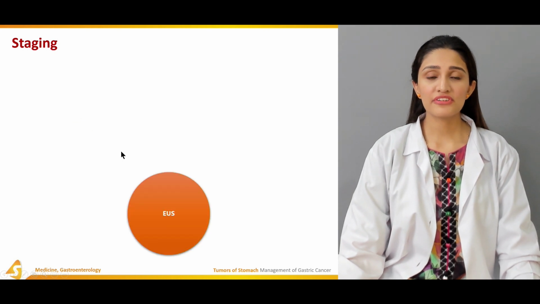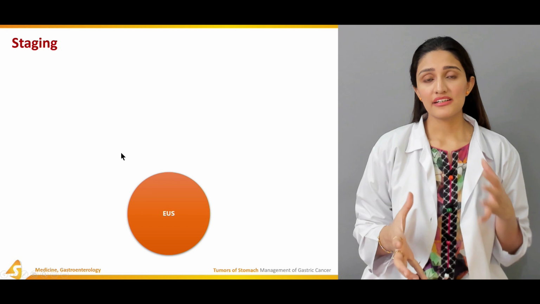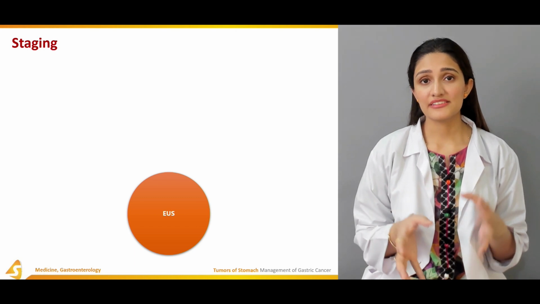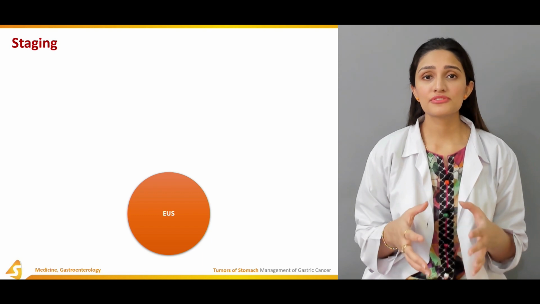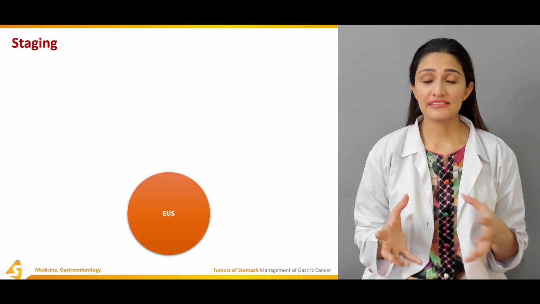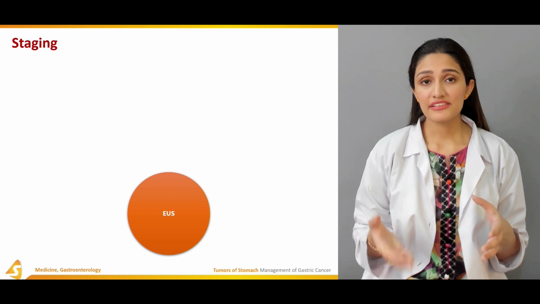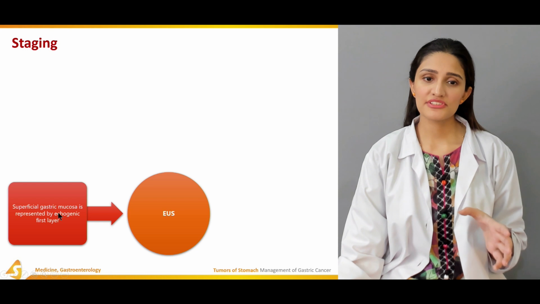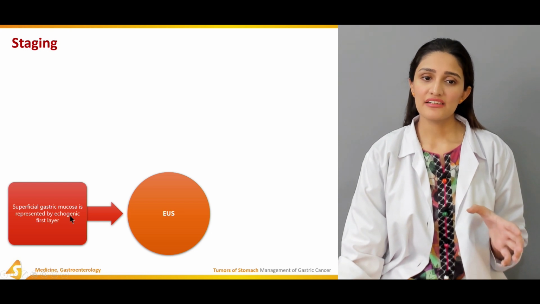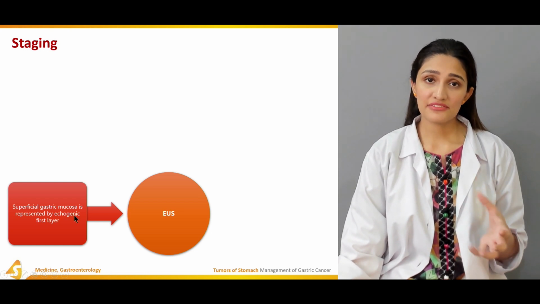So if we talk about another type of endoscopy, which is known as the endoscopic ultrasound. This endoscopic ultrasound has been useful in staging the different layers of the gastric cancer wall. One being the superficial gastric mucosa, presented as an echogenic first layer.